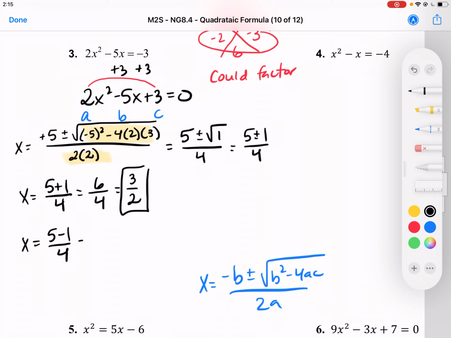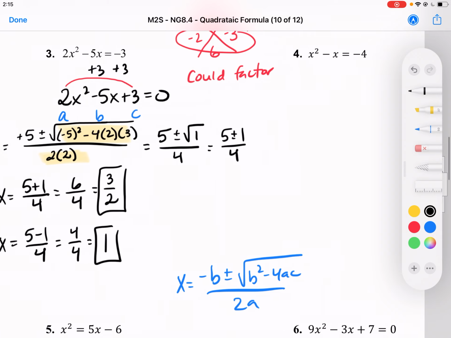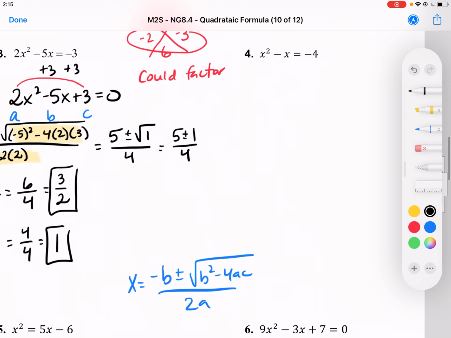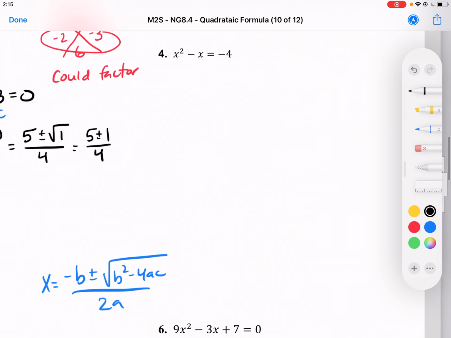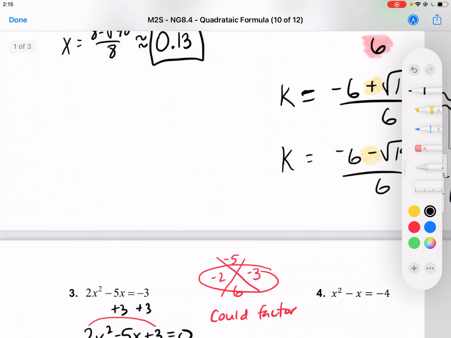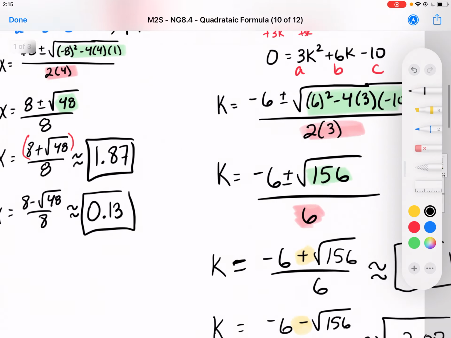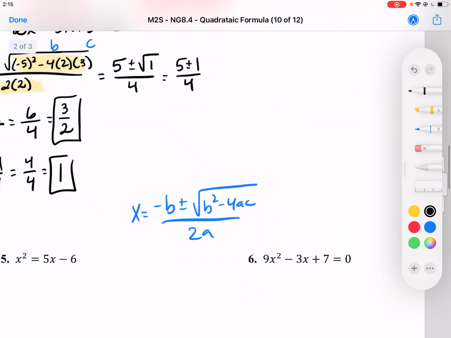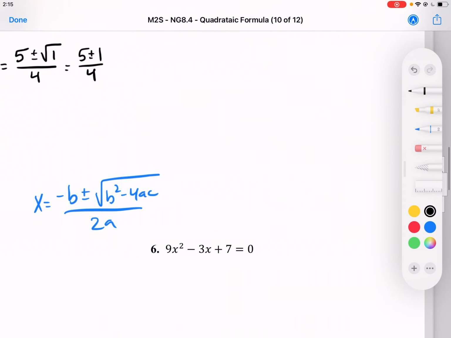The other one, 5 minus 1 is 4, and it's still over 4. 4 divided by 4 is just 1. So those would be your two answers. And so notice when you factor, it's not going to be like these crazy decimals that we've had before. You'll get nice integers and stuff if it could have factored.